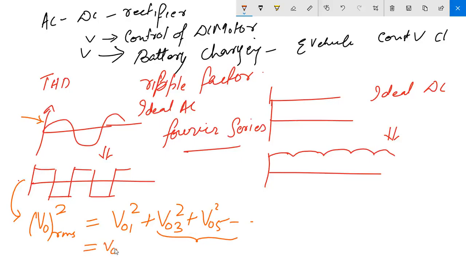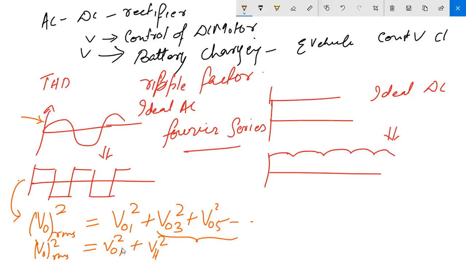So we can write it like this: V0 RMS square equals V01 square plus VH square. So your RMS quantity contains all the odd harmonics other than the fundamental.